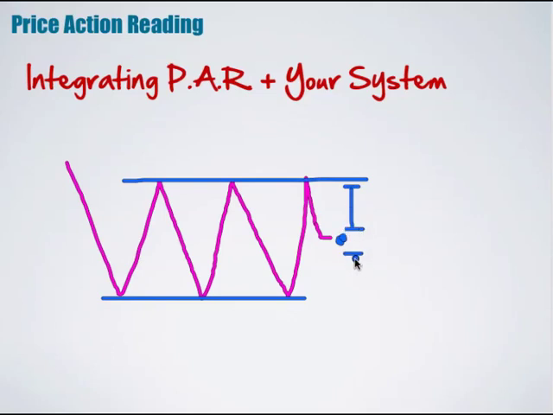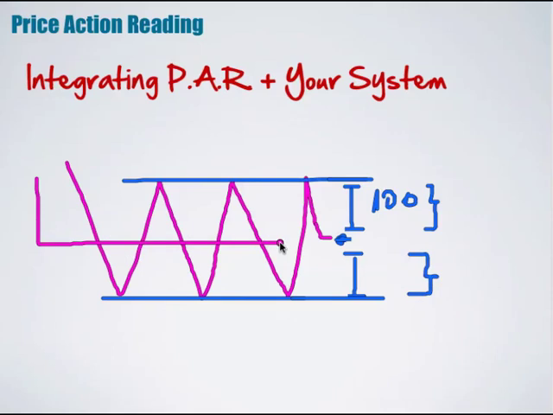Let's assume that there are 100 pips of room from your entry point to either the resistance level above or the support level below, because this principle is not about whether you are able to squeeze some profits out of this window, but rather about the fact that this specific market situation has no clear sentiment, no directional bias whatsoever, either to the upside or to the downside.